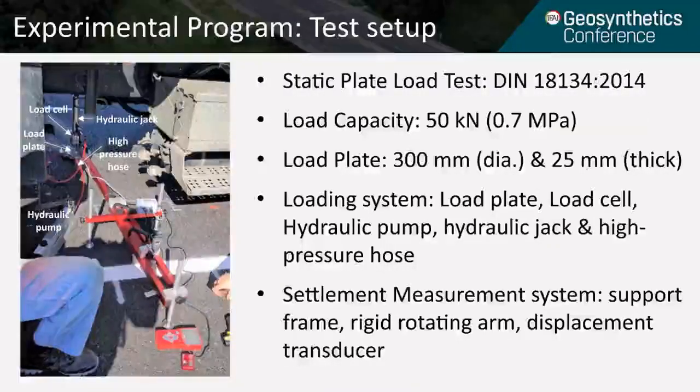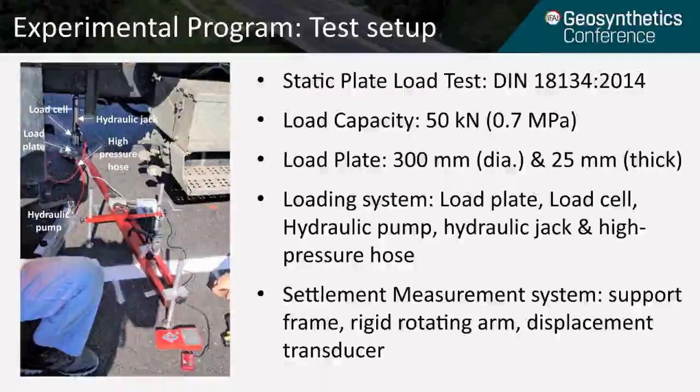Now moving on to the experimental program, the static plate load test device adopted in this study is in accordance with the European standards. It consists of two main components, the loading system and the settlement measuring system, which can be seen in the picture here.